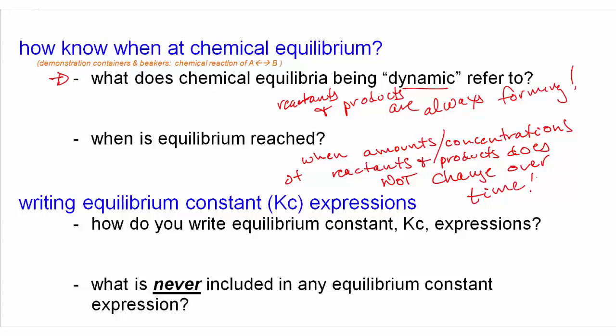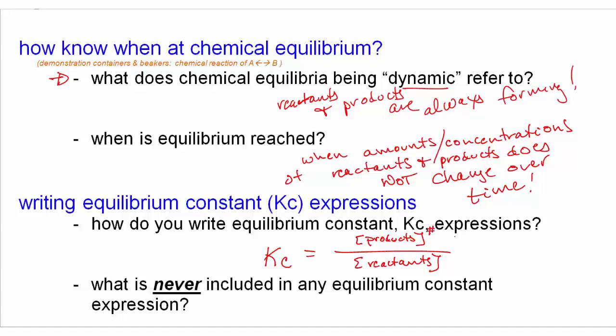Writing equilibrium constant expressions. How do you write equilibrium constant expressions? Well, you pretty much just write the equilibrium constant and write all the concentrations of all the products, and all the reactants in the denominator, all their concentrations. Now there's one last little thing.